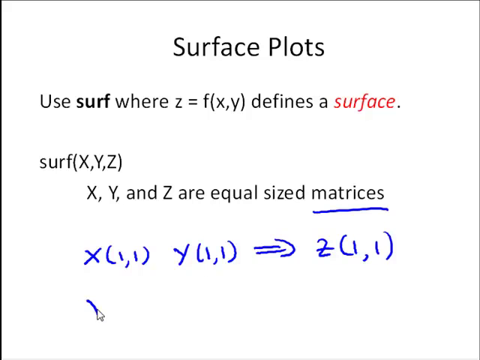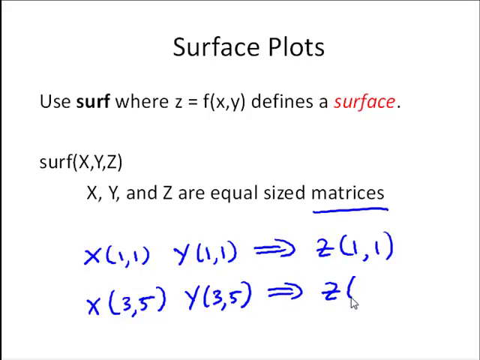For example, x(3,5) and y(3,5) correspond to z(3,5). So we're going to have big matrices of x and y, and there's a corresponding z point for every point in x and y. And let's look at how we can generate this type of data with MATLAB.